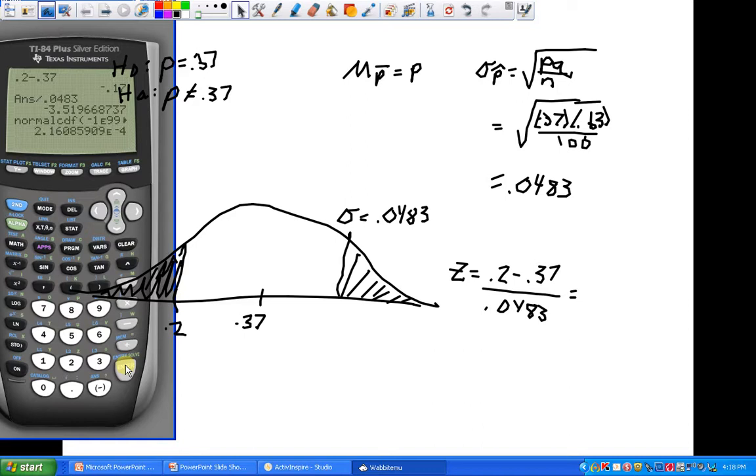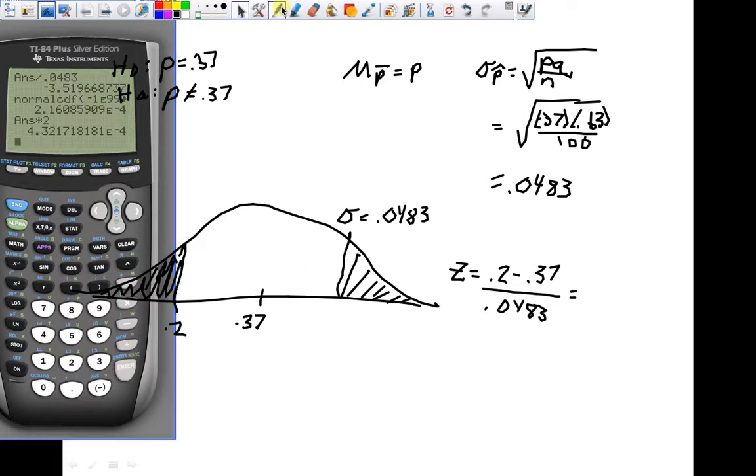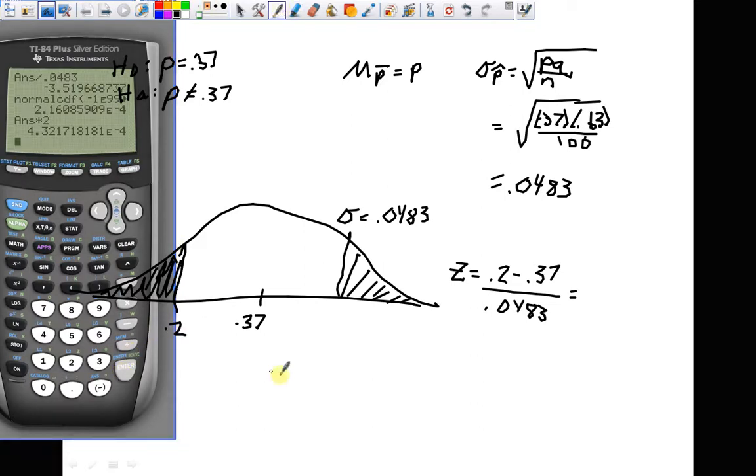We paste that and we get that probability. Now that's the probability of, if the true proportion really is 0.37, the probability that we get a sample proportion of 20% or 0.2 or less than that. Because we're doing a two-sided test, I need to double that.